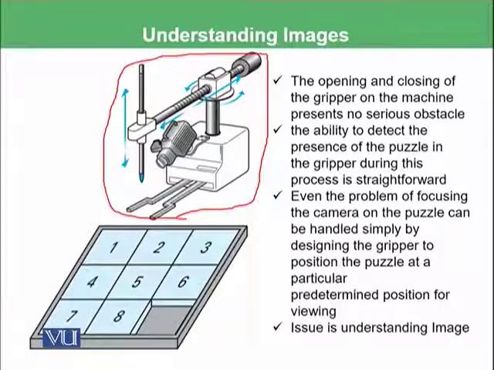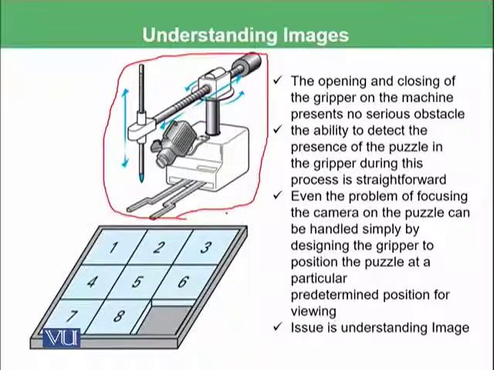You can make such a mechanical system very easily. The ability to detect the presence of the puzzle in the gripper during this process is also straightforward. Even the problem of focusing the camera on the puzzle can be handled simply by designing the gripper to position the puzzle at a particular predetermined position for viewing.